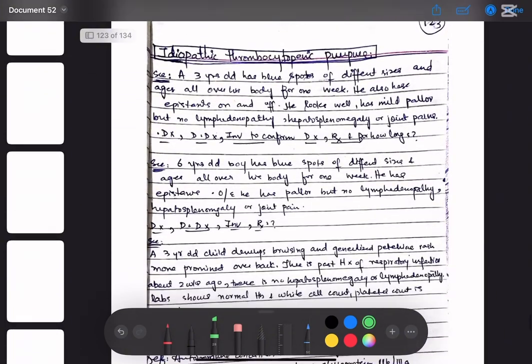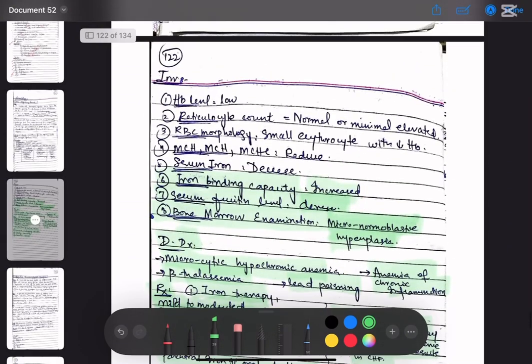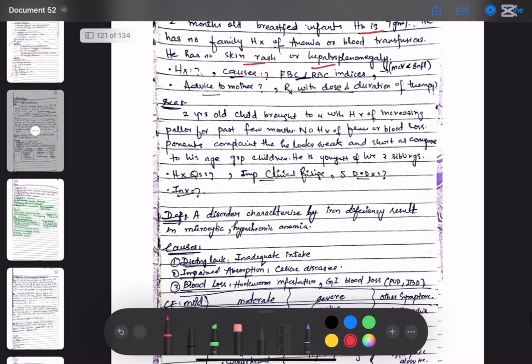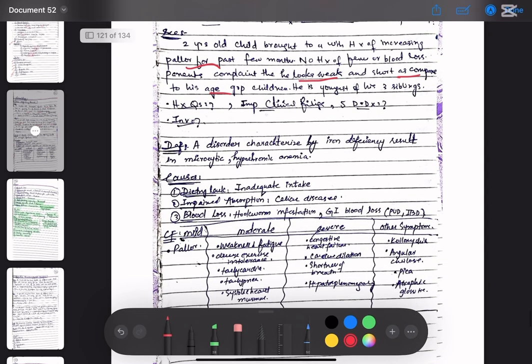Okay, so this was all about iron deficiency anemia. We have discussed a scenario of HB of 7 gram, which is decreased, and there is no skin rash or hepatosplenomegaly. In another scenario, there is history of increasing pallor, and the patient looks weak and short as compared to his age. So what is anemia? We have discussed the definition, that it is a disorder characterized by iron deficiency, resulting in microcytic hypochromic anemia.